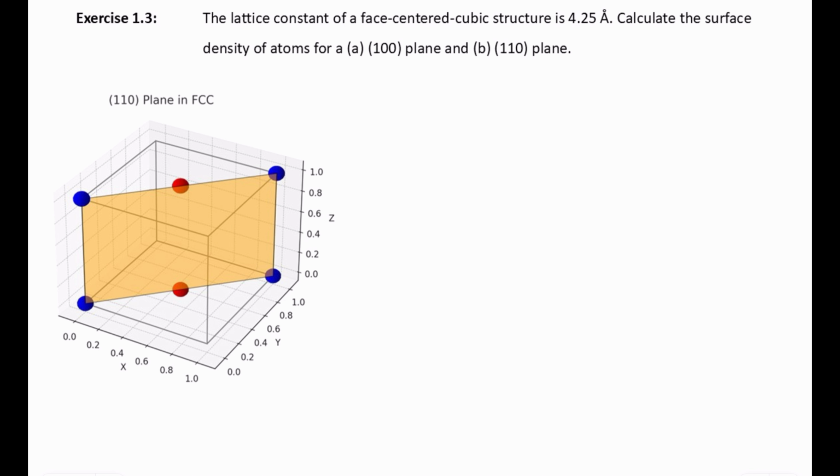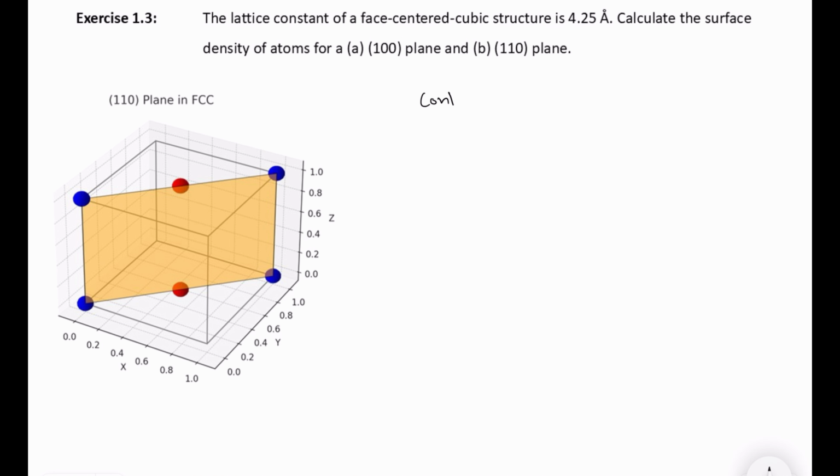Now we try to calculate the surface density of the 110 plane. Before we do that, we have to understand the 110 plane in FCC structure. The 110 plane is rectangular, intersecting both the x-axis and the y-axis at equal lengths. Therefore, in the FCC, this plane has a total of 4 corner atoms, each shared by 4 unit cells.